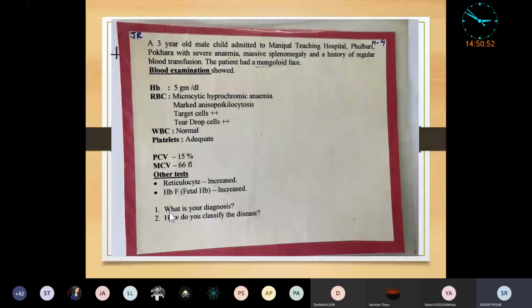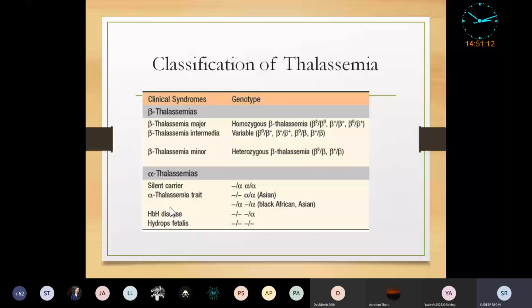So according to the classification, there are many types of thalassemia. Broadly, they are classified into alpha and beta thalassemia, and there are subcategories of those types.